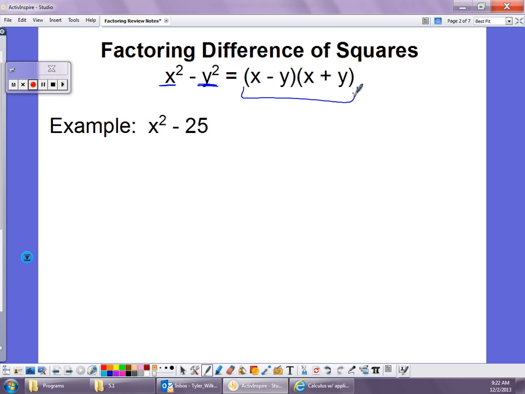So an example, x squared minus 25, here we have a 1, so what's the square root of 1? 1, right. So it would be x minus 5, and then x plus 5. And that's all you do to factor a difference of squares. So you can do that whenever both the x term and the y term are perfect squares.